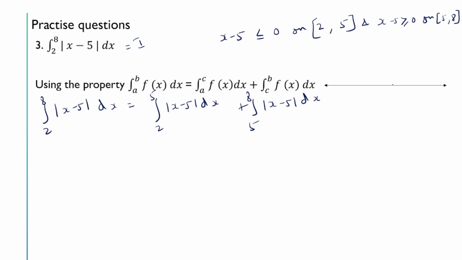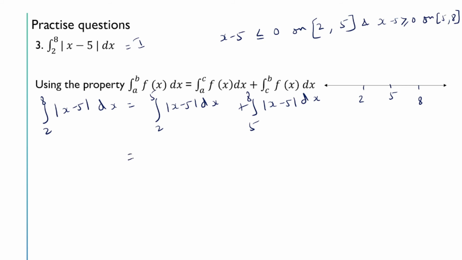Now if we consider the number line, we have 5 here, 8 here, and let us say 2 here. So if we consider the function x minus 5 in this interval from 2 to 5, it is negative. So x minus 5 is less than or equal to 0 on this interval 2 to 5.